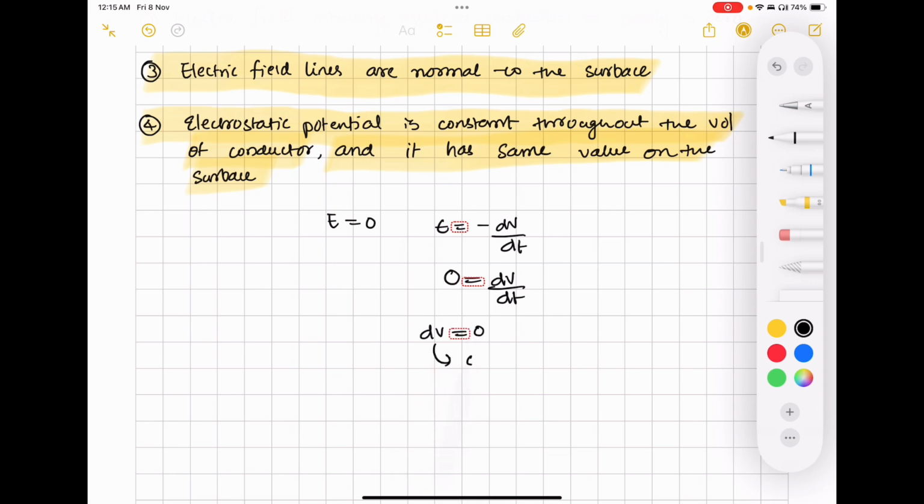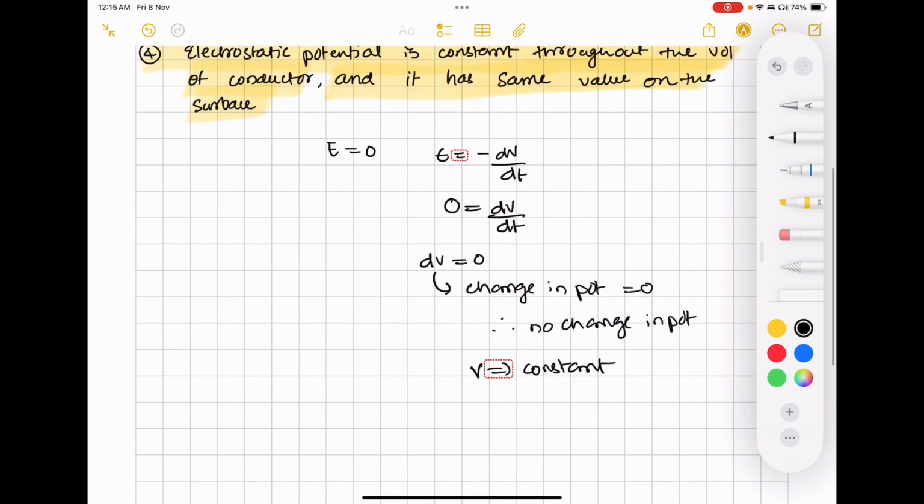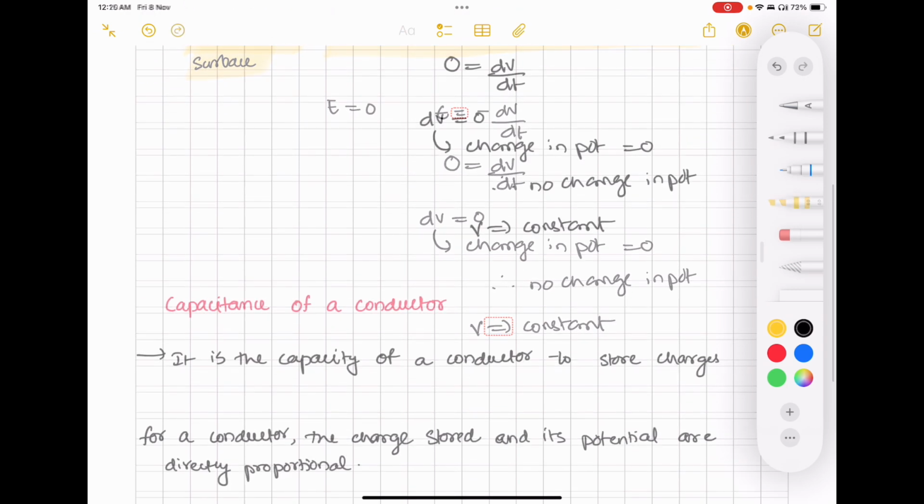That is, the change in potential is equal to 0, which means there is no change in potential. That is, V is equal to constant. That is the fourth property. The electrostatic potential is constant throughout the volume of the conductor and it has the same value on the surface.